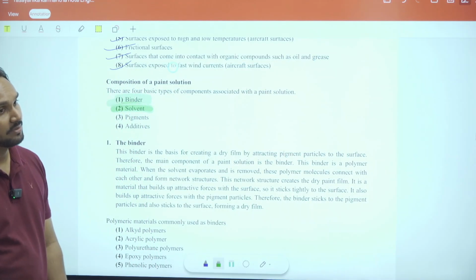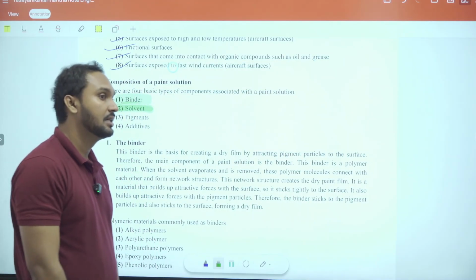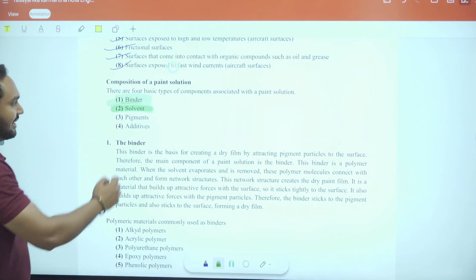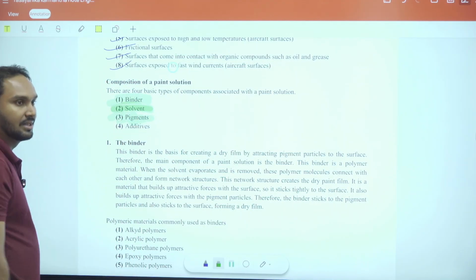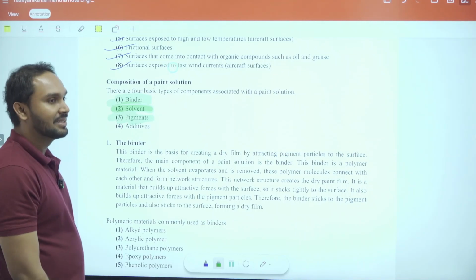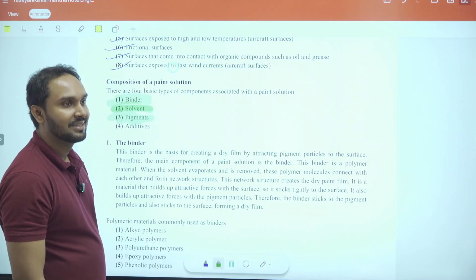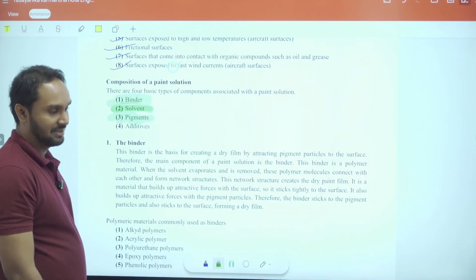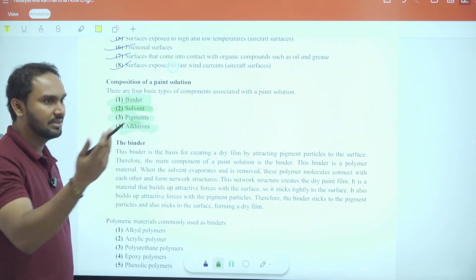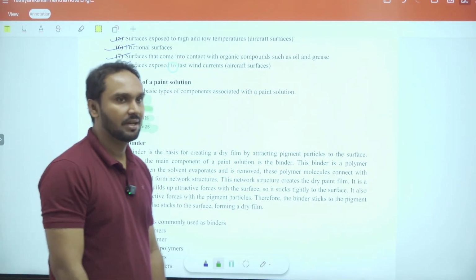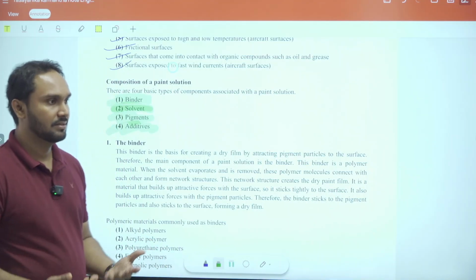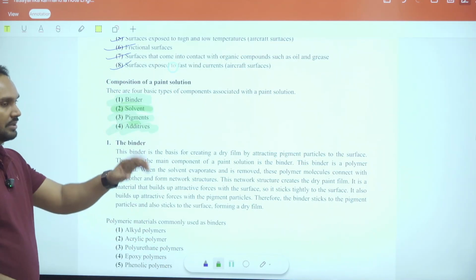So the emulsion uses water and the enamel uses organic solutions, right? And the pigments are there to what? The pigments are used for the colors, and the additives are used for the other causes, like we discussed, the antifungal, weather shields, sort of everything, the additives are used.